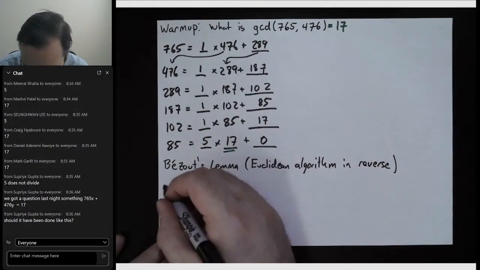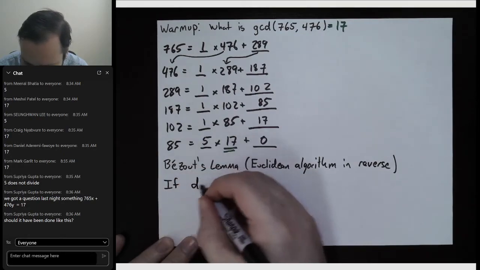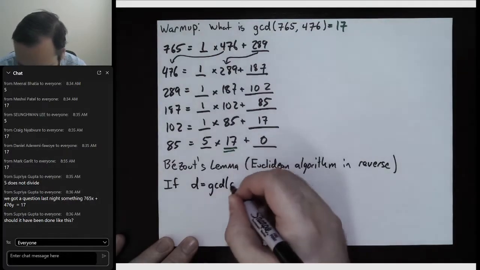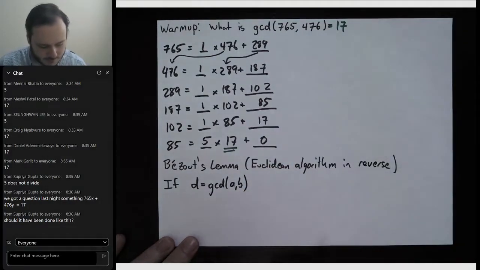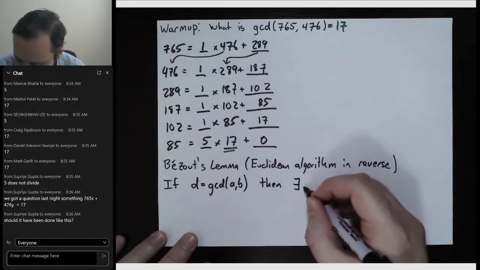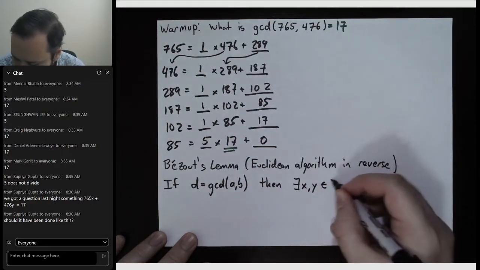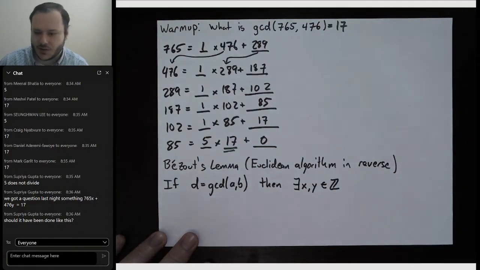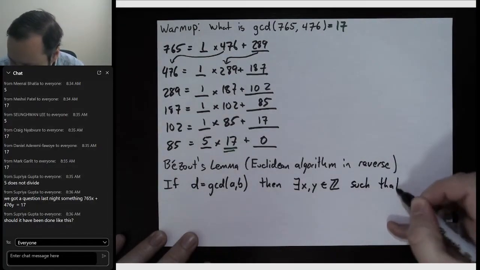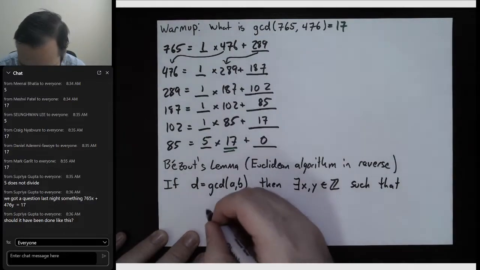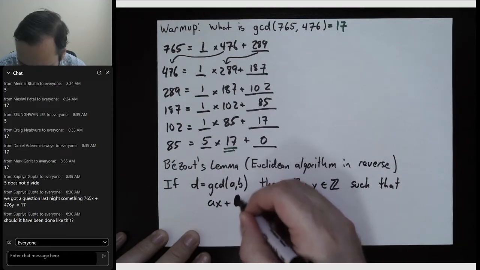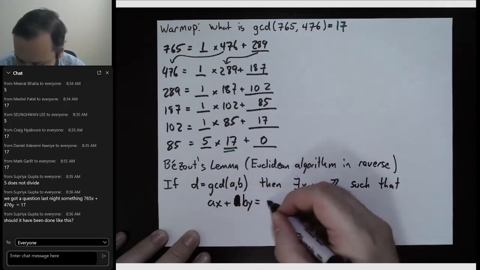Bézout's lemma says if the GCD of a and b is equal to some number d, then there exist x and y, both integers, with a solution to the equation ax plus by is equal to d.